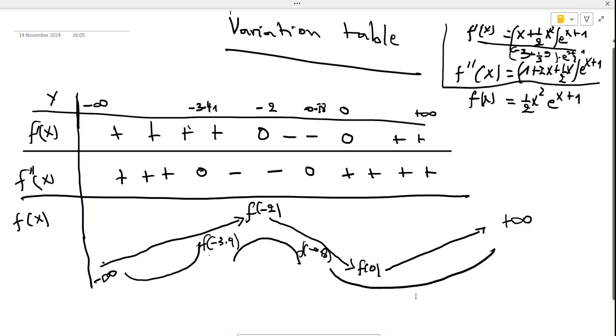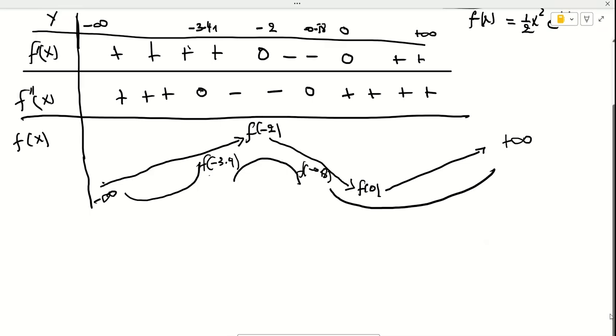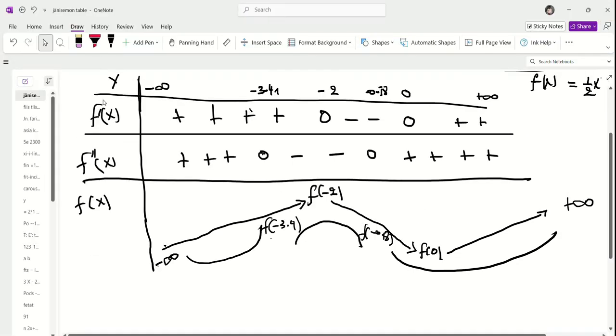The last question was to sketch our function. And how do we sketch our function? Maybe I will need to find another page so that we can sketch the function. Yes, let me take another clean page.